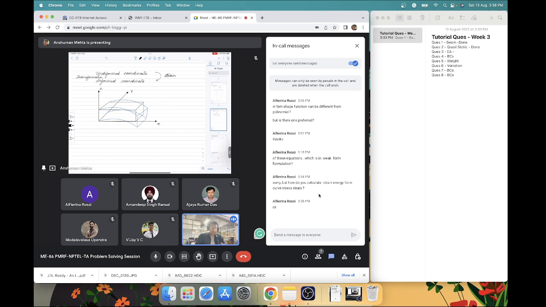So here is what engineers are more capable of doing. It's not like you throw everything to the computer and it will solve and you will get a nice solution. No, the computer also takes headache to solve a very simple problem in a very crude manner. Okay, so if we take a very small mesh and ask the computer to solve each and everything, it would require very high capacity of computer.